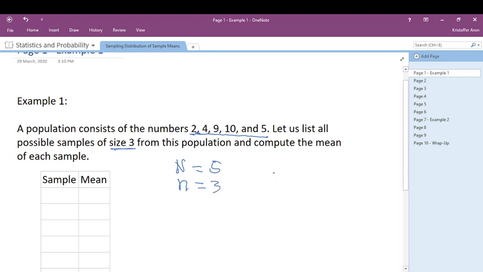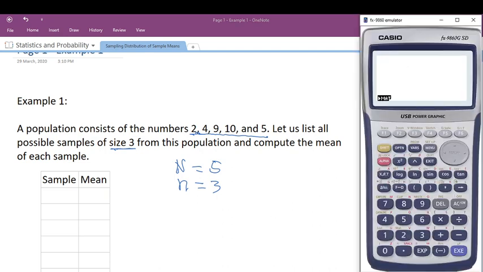Well, you can just list down by yourself all those samples of size 3 from these 5, but the easiest way for us to know the complete number of samples of size 3 is to use the combination. So using our calculator, we can use the combination of 5 taken 3.